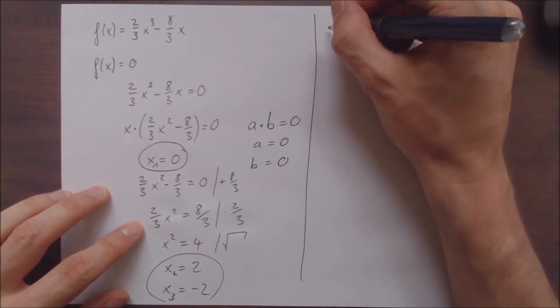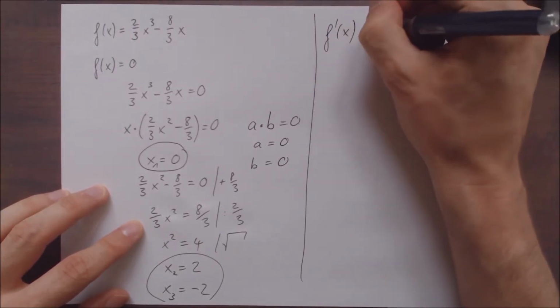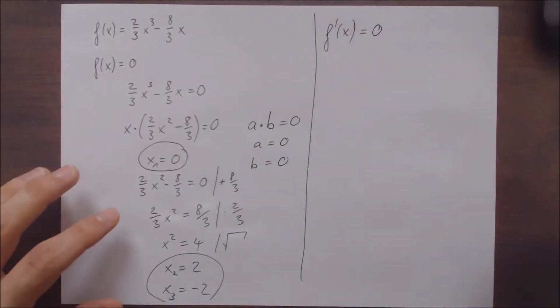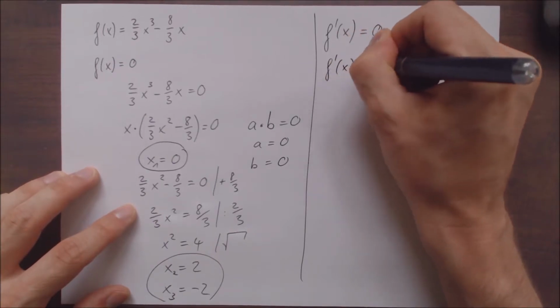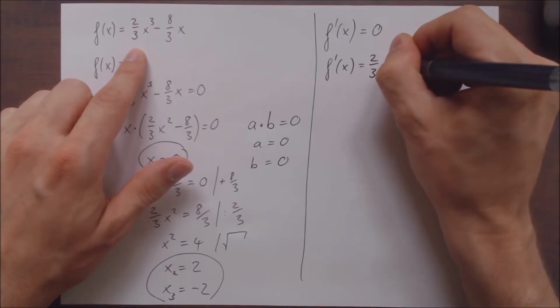And we calculate the stationary points by setting the derivative f prime of x equal to 0. Now first we make the derivative. 2/3 is a factor that stays.